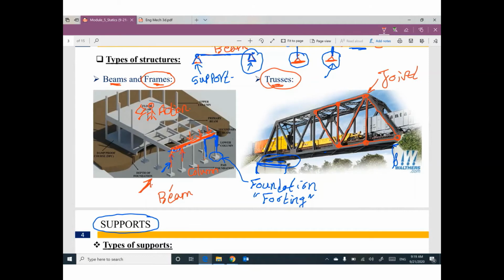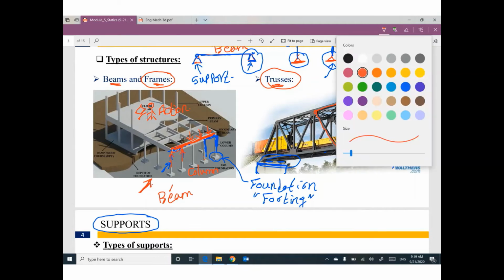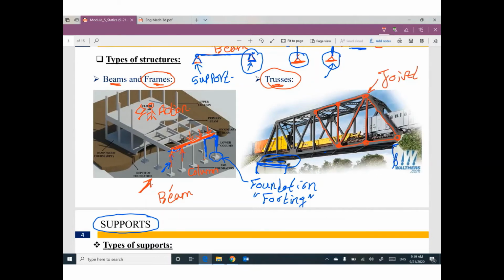Your load will come to the beam and then to the column. The role of the foundation is to react, so we have a reaction coming in this direction. This reaction will balance, or be in equilibrium with, the action force. Then your structure will be in equilibrium.